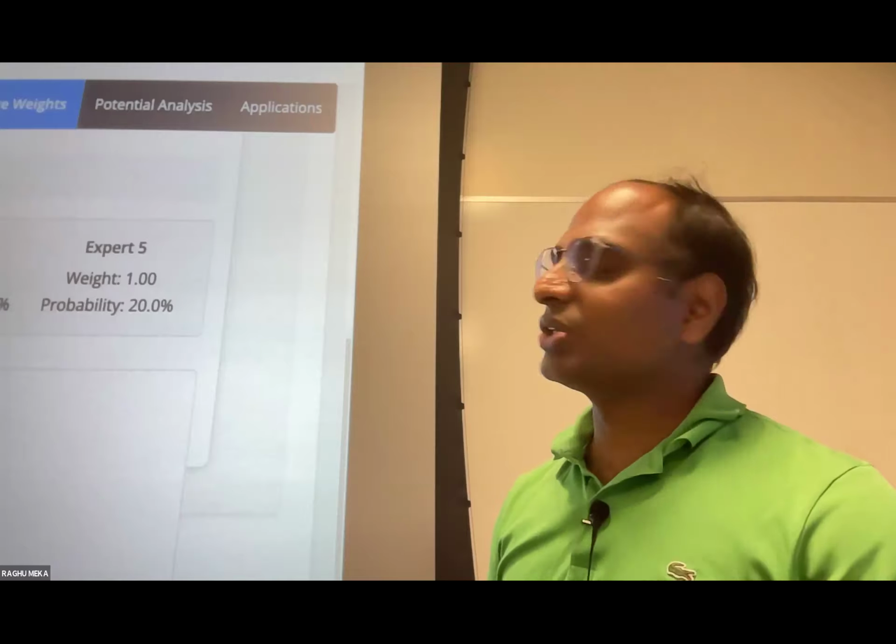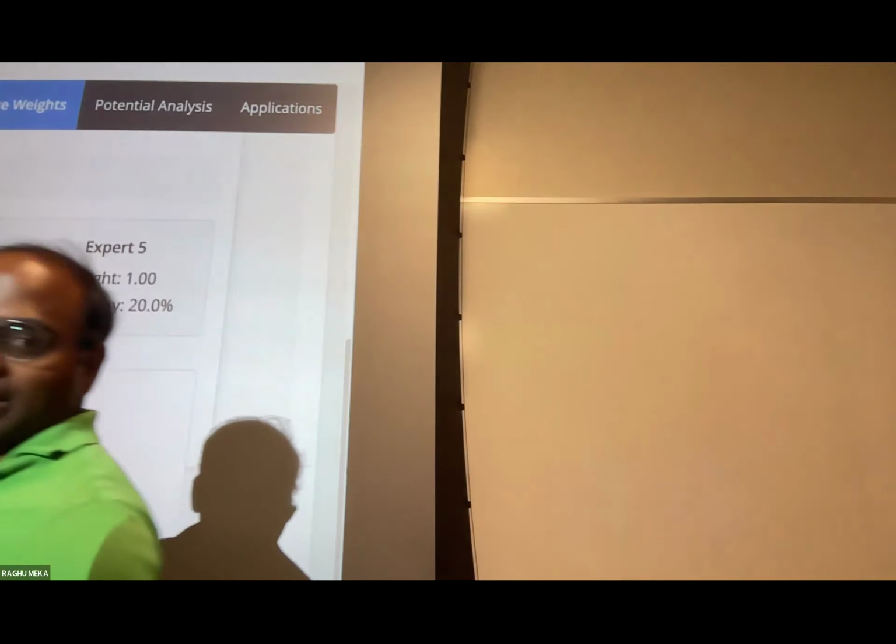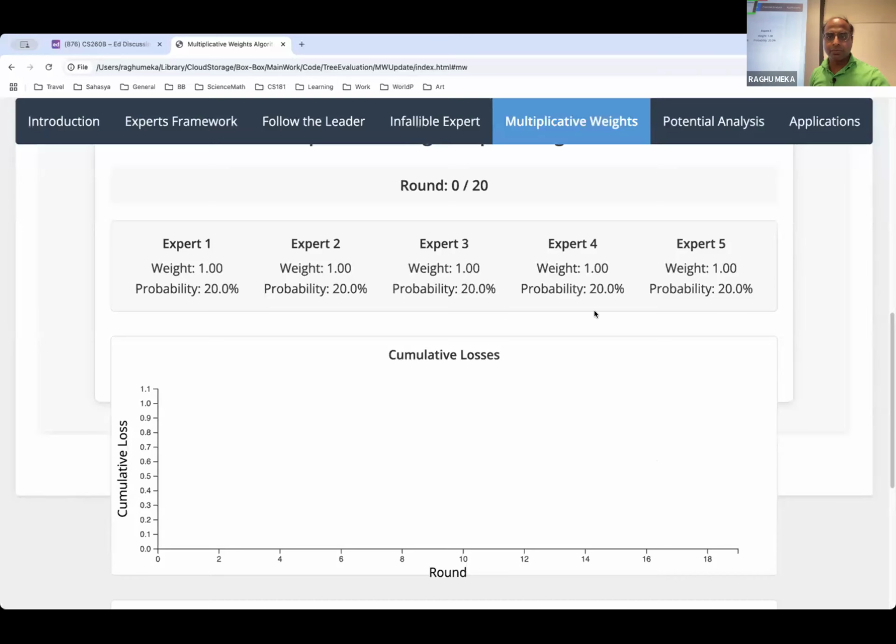So initially on day one, let's say we have 5 experts, every expert has just a weight of 1, and the probability that we pick each expert is exactly 20%, 1/5. It's proportional to the weight of that expert, equal to the weight of that expert divided by the total weight, which is 1/5. Okay, everyone is equally likely.